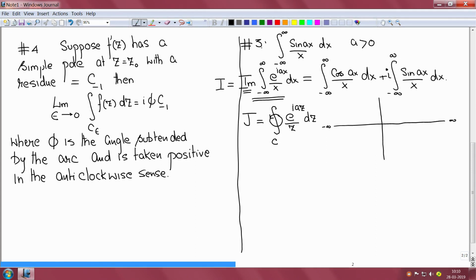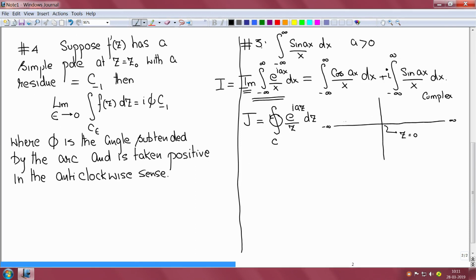But here, as long as it was sine ax over x, x equal to 0 was not a problem, because this is a sinc function and it has finite limits as we approach x equal to 0. But in this form, e to the power iax over x or e to the power iaz over z, this is a complex plane now. At z equal to 0, this function blows up.